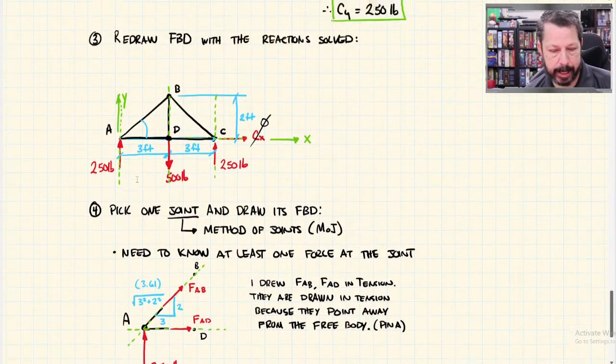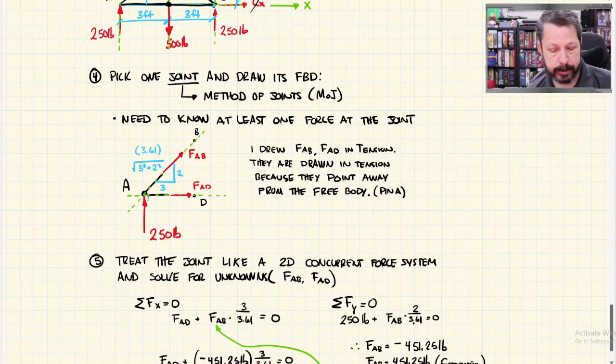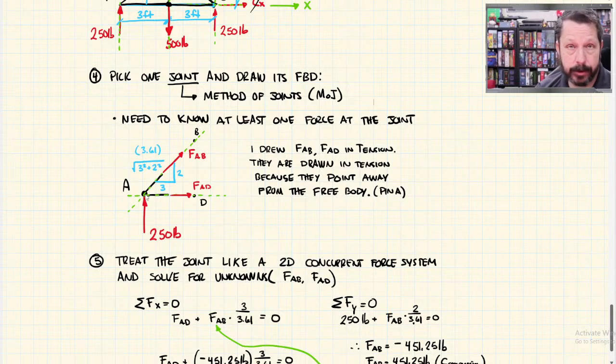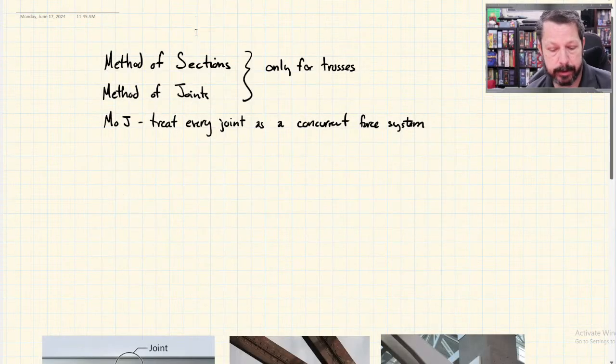This was joint A for our super simple little truss that we drew. We had already found the external reactions. That's these red arrows. And then we went to joint A and made it a 2D concurrent force system, and solved for the force in AB and the force in member AD. And we just did that using equilibrium equations. So that was method of joints.